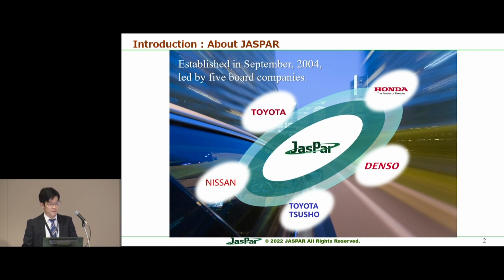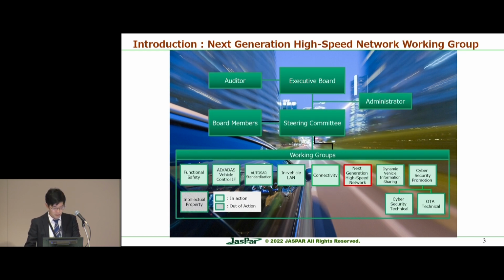JASPAR was established in September 2004. As shown here, JASPAR has a number of working groups. The group presenting at this event is the Next Generation High-Speed Networks Working Group.